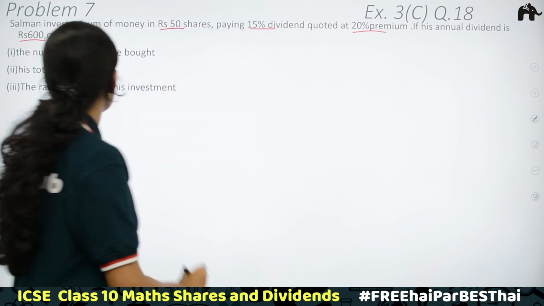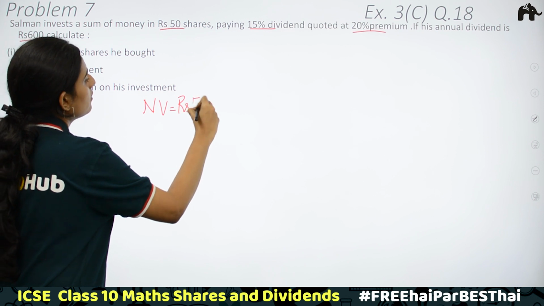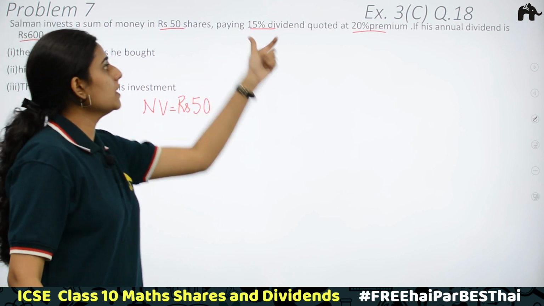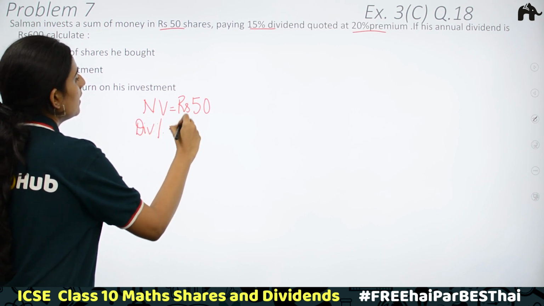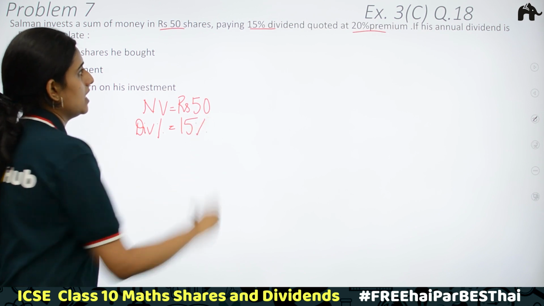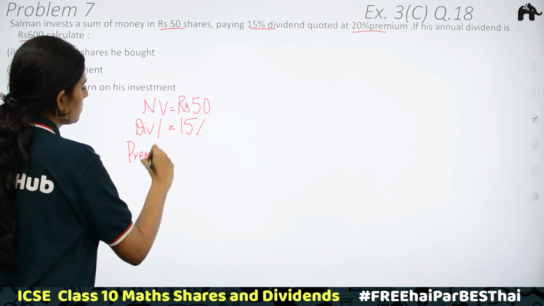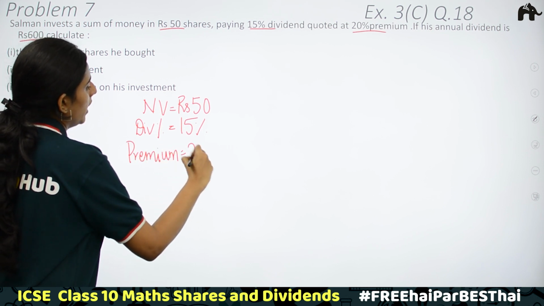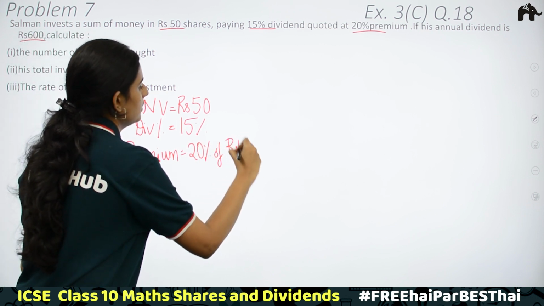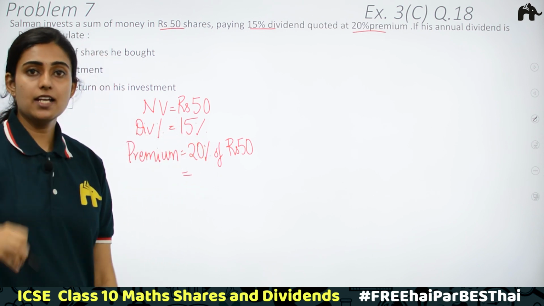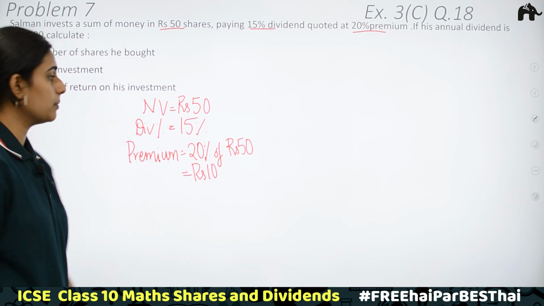Given, nominal value is equal to rupees 50. Paying 15% dividend. Dividend percentage is equal to 15%. Quoted at 20% premium. Premium is equal to 20% of rupees 50. 20 by 100 into 50, you will be getting rupees 10 as premium.